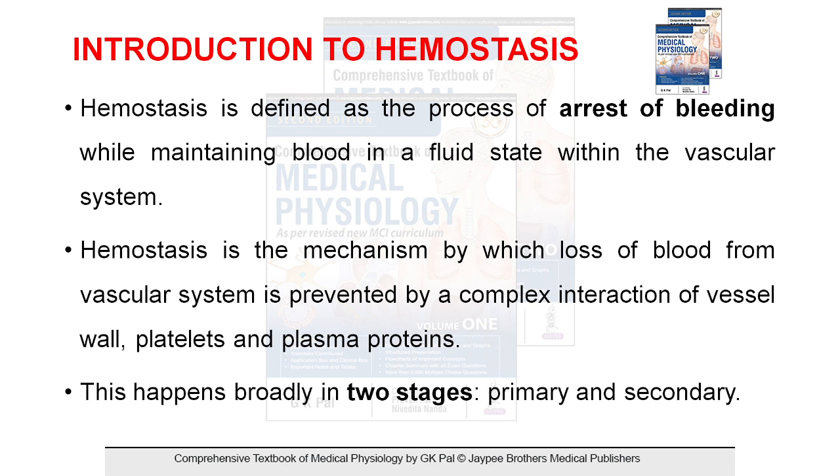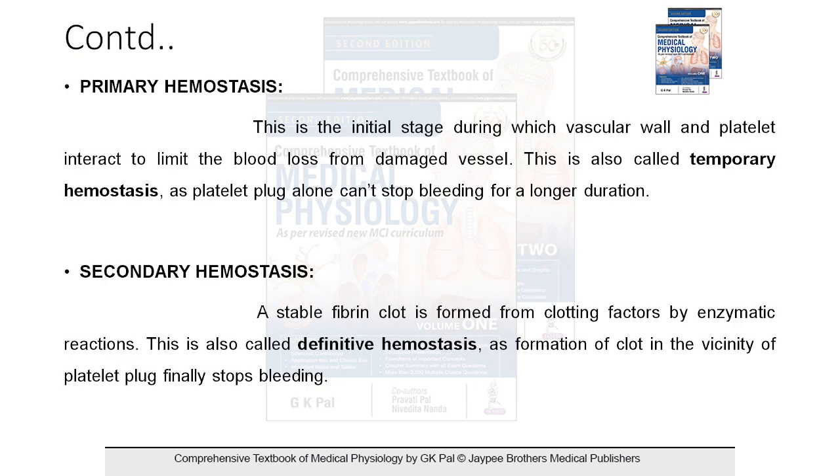This happens broadly in two stages, the primary and secondary. What is primary hemostasis? It is the initial stage during which the vascular wall and platelets interact to limit the blood loss from damaged vessels. This is called temporary hemostasis. The secondary hemostasis is the clotting.